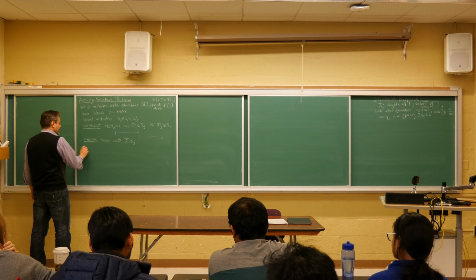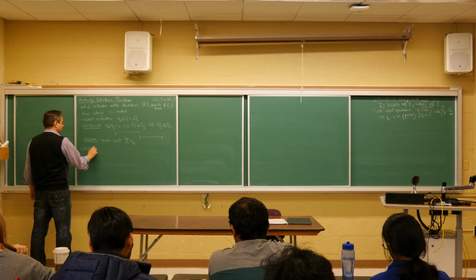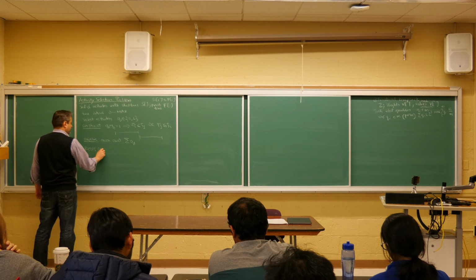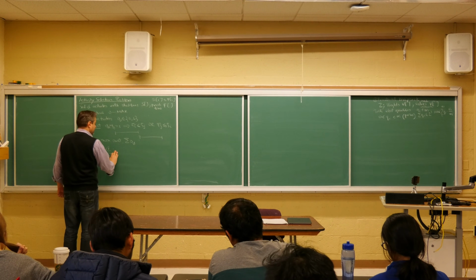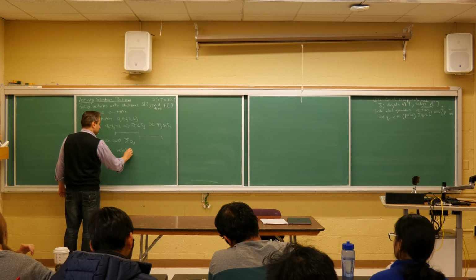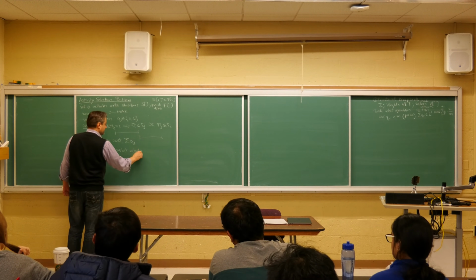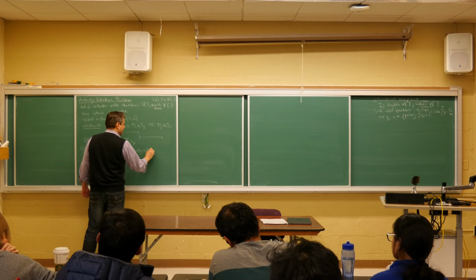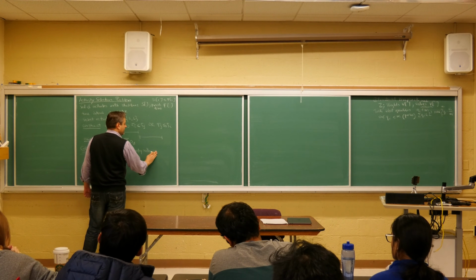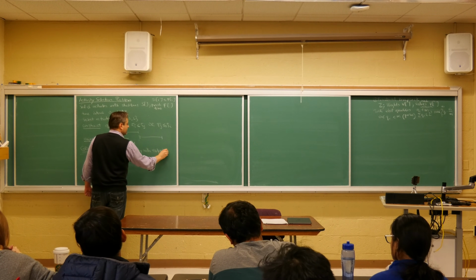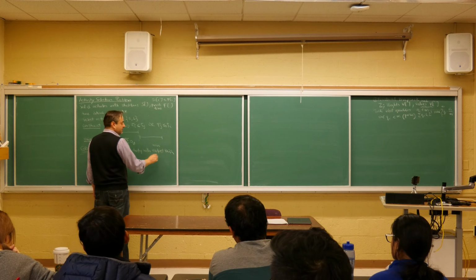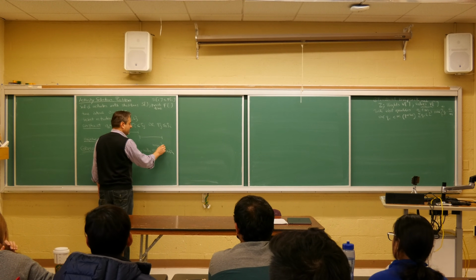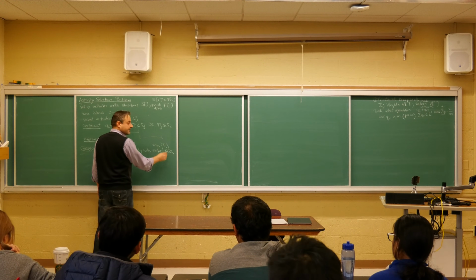So the greedy choice is choose activity, select activity, with earliest finish. How do we write that mathematically? Minimum of Fi, right?